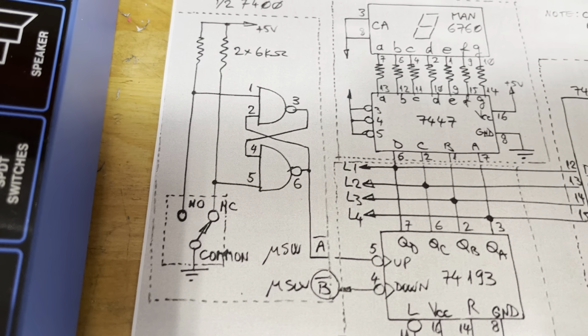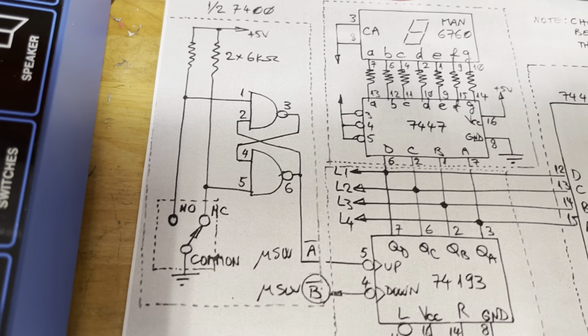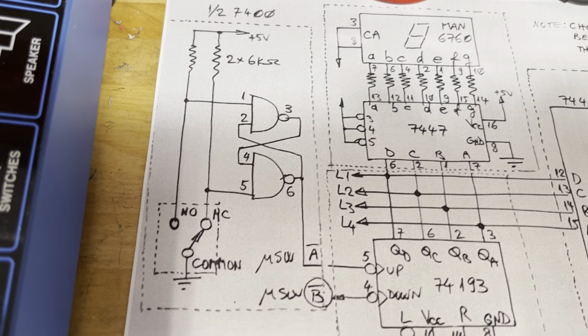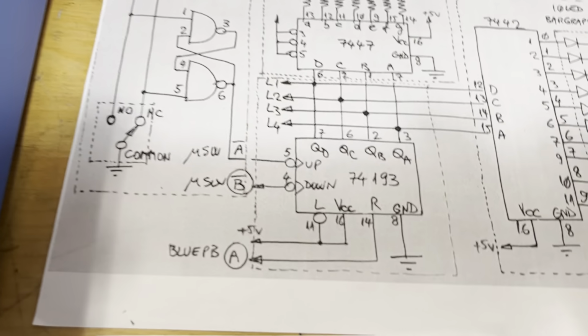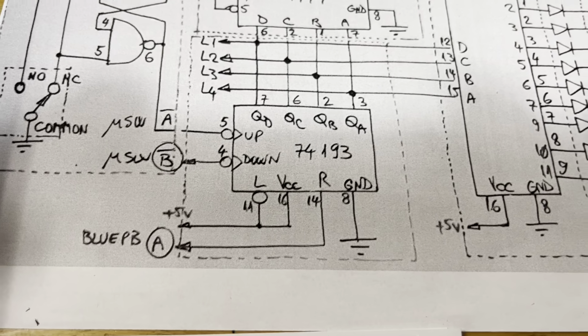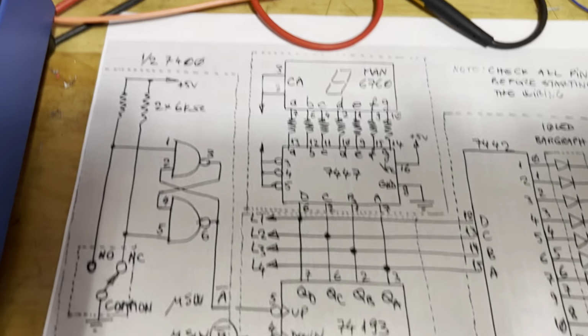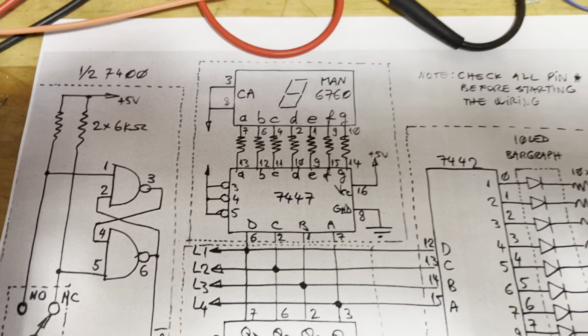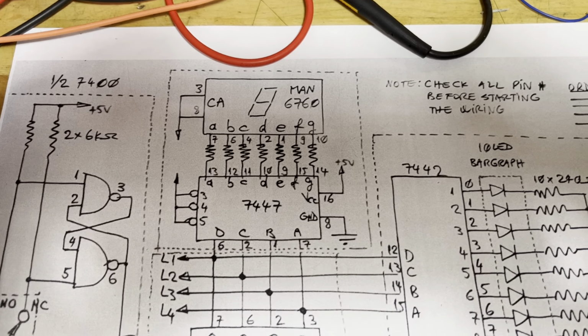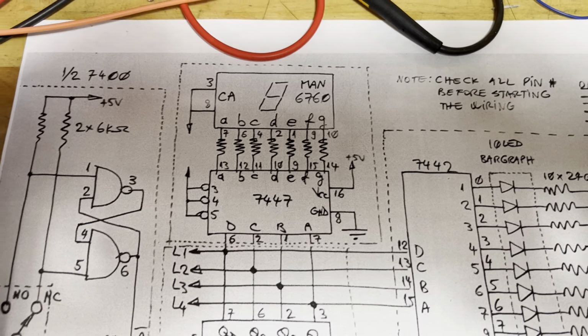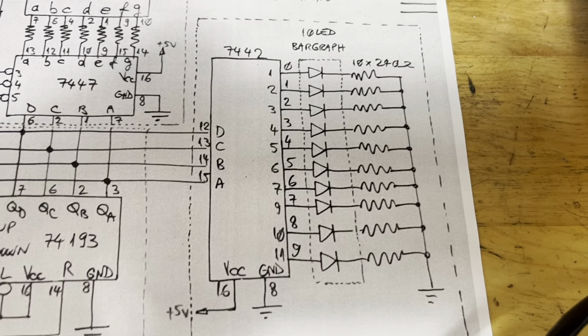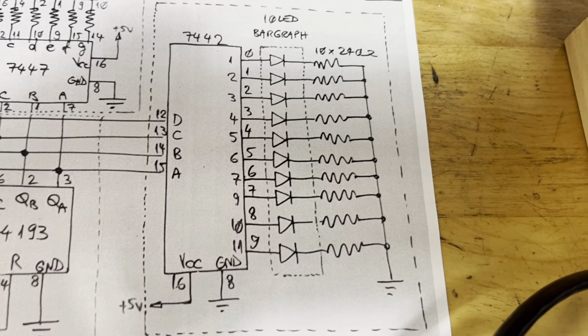Actually, we have 2 micro switches because we want to count up or down. So we're going to build 2 debouncers, and then we attach the debouncers to the counter, and we're going to see the counter counting in binary. Then we attach the binary to 7-segment display decoder, and then we wire the BCD to decimal decoder.